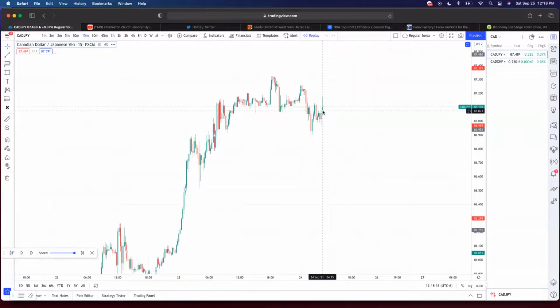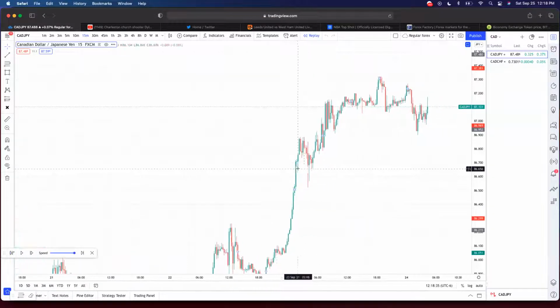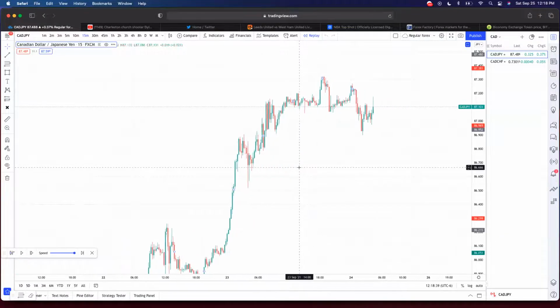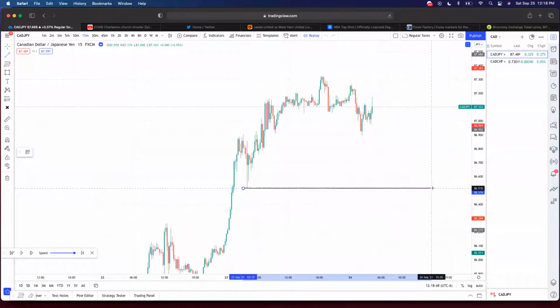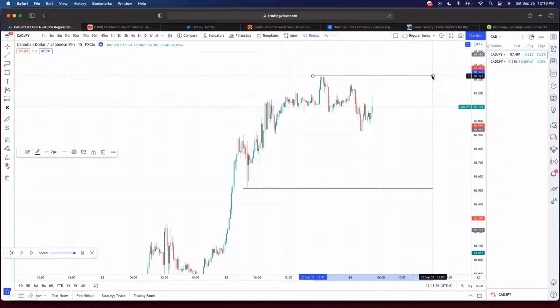Okay, 24th September, this was Friday morning. If you look at the higher time frame, you will know this is your trading range. Between here, this was the last significant low, okay? And this is the last high. All right, this is your trading range.